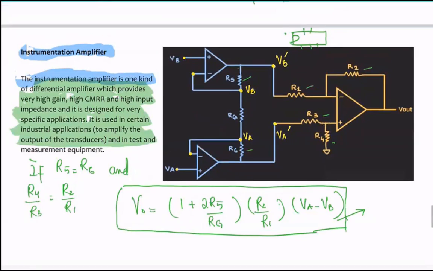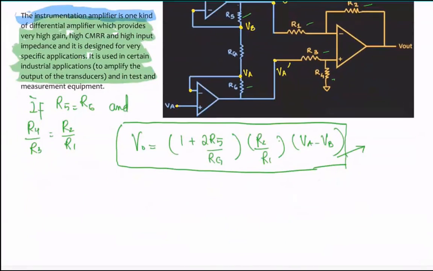Now, remember, keep in mind that the output voltage equation for the differential amplifier is V naught equals R2 over R1 times the potential difference V2 minus V1. Remember that we did this last week.